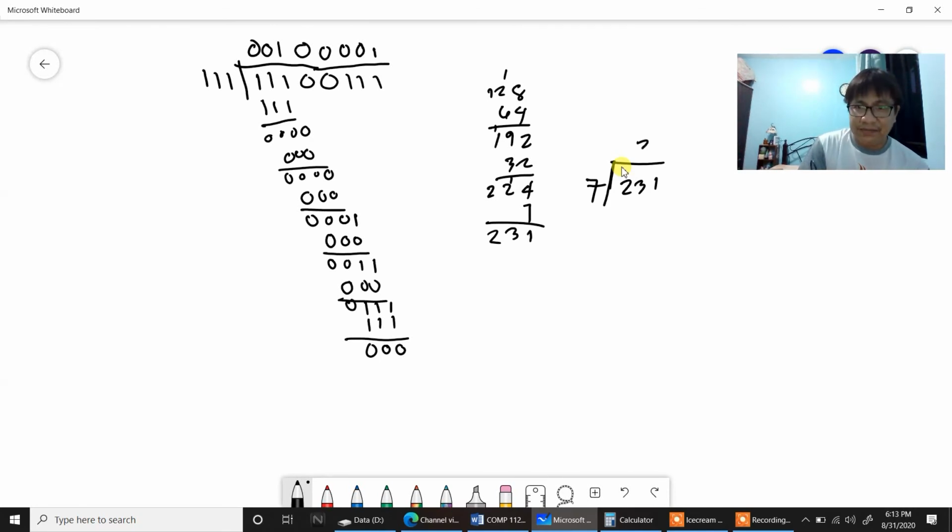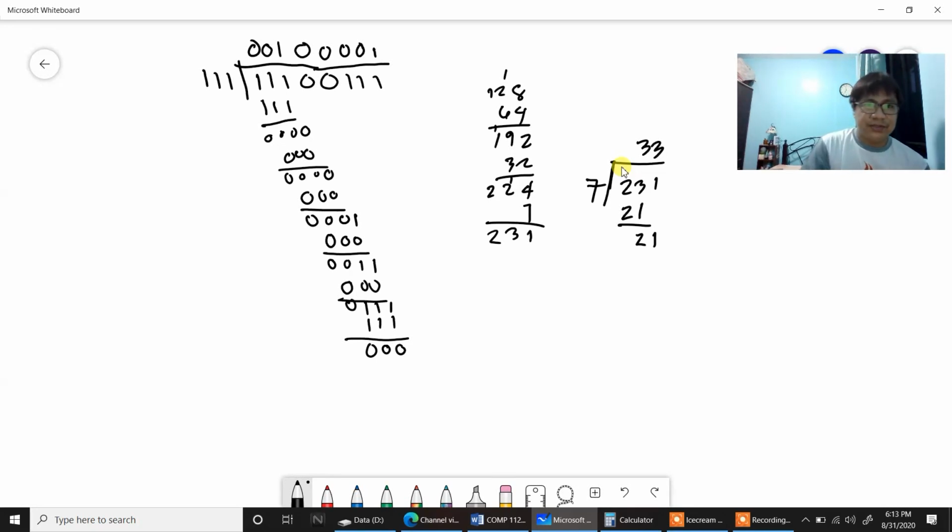So 3 only. So 3 times 7 is 21. Okay, so minus is 2, then 1. So 21 divided by 7 is how much? 3. So you got 33. So the answer should be 33.